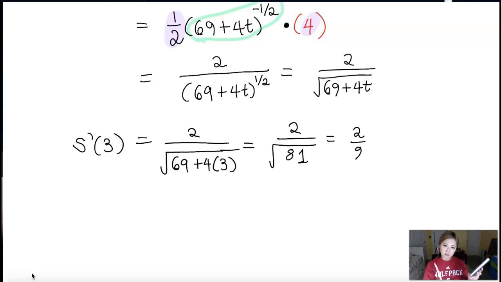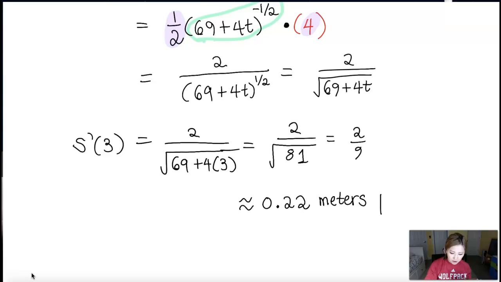And let us be very careful with the units over here. They were talking about distance, so I'm going to write this as a decimal. Oh, the decimal's not that pretty, but approximately 0.22 repeating meters per, and t was what? Seconds, right?